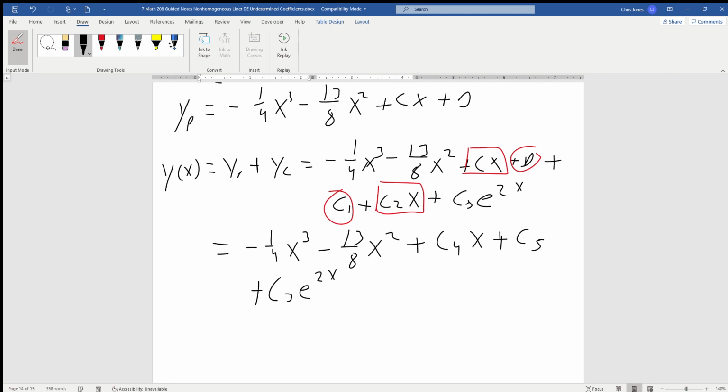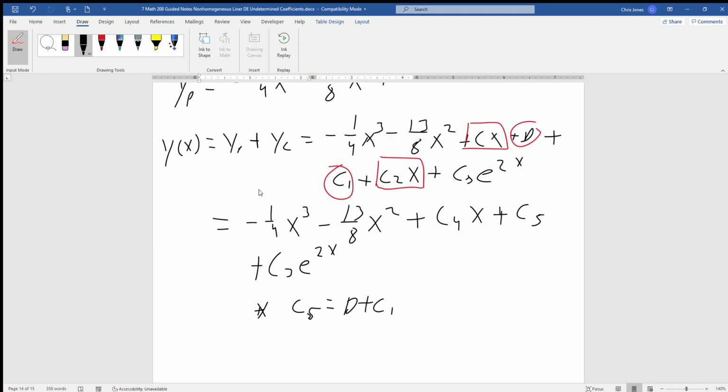A little note: c5 is equal to d plus c1, and c4 is the sum of c and c2.